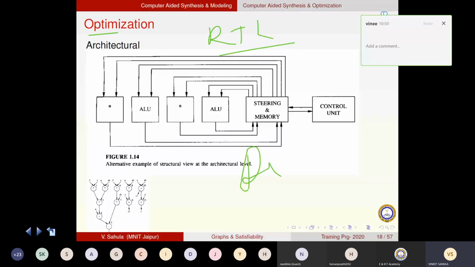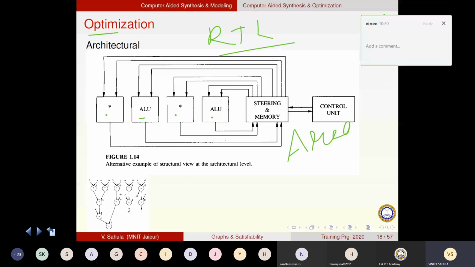So this is resources, right? The resources are usually area. Area is how many units you are using. So if, instead of one ALU, I'm using two ALUs, and instead of one multiplier, I'm using two multipliers, what is the advantage?